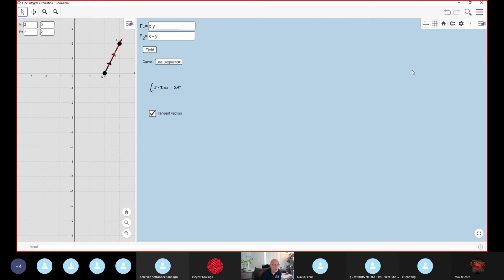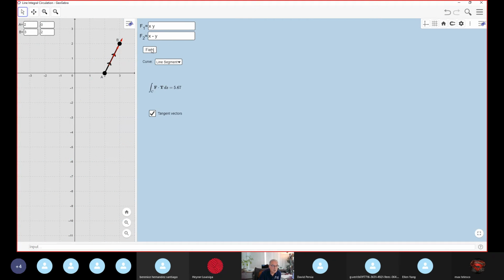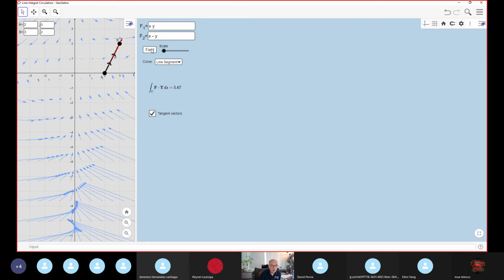This application, fantastic. Look, for example, you put the vector field, you see in the application F1, F2. This is P, Q. Different language, same idea. And you have the vector field. Now you see different styles of the curve: segment line, right circle, left circle, or full circle.